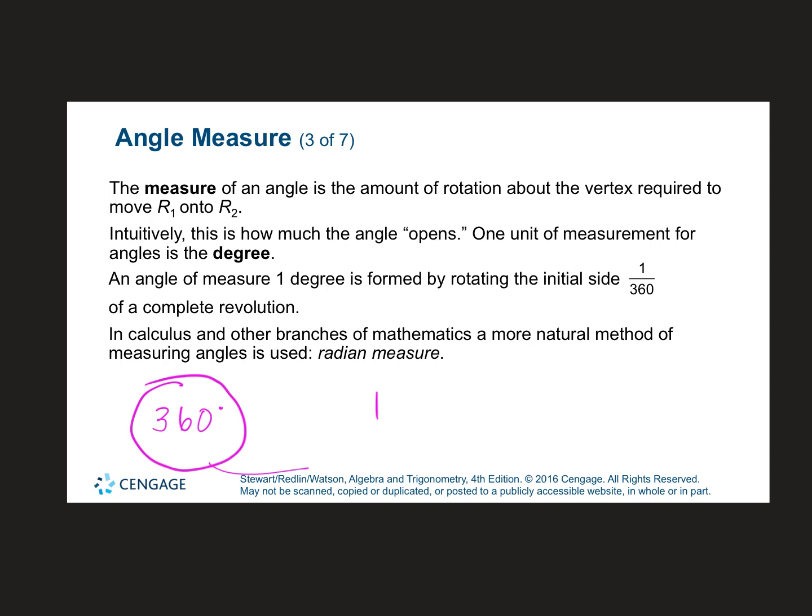A radian measure is 360 divided by 1, 1/360th. That's how we figure out radians. That's the conversion. Now we're going to convert from degrees to radians and radians to degrees.